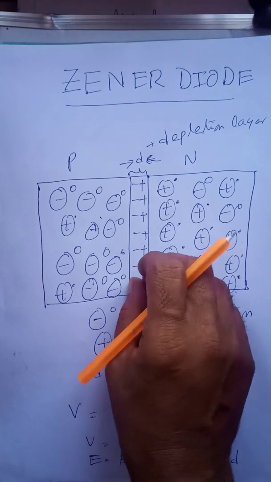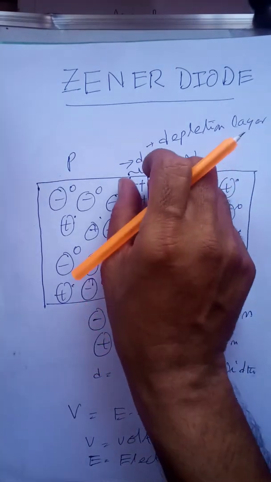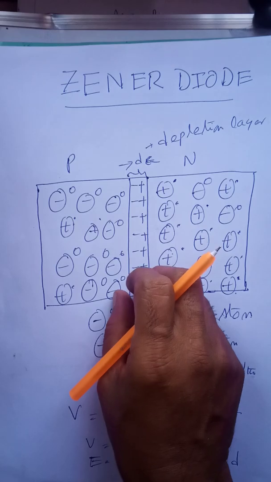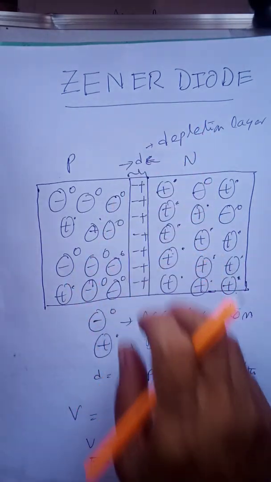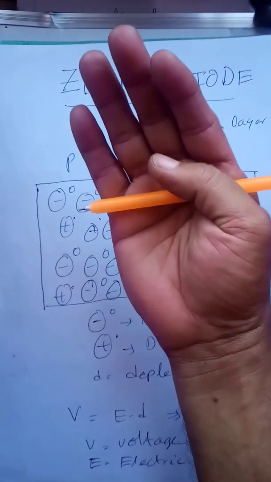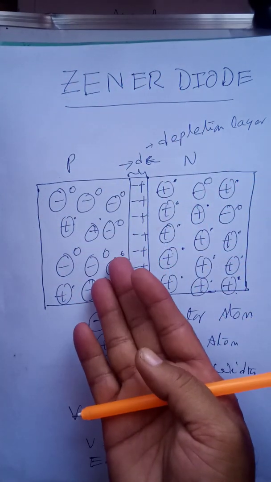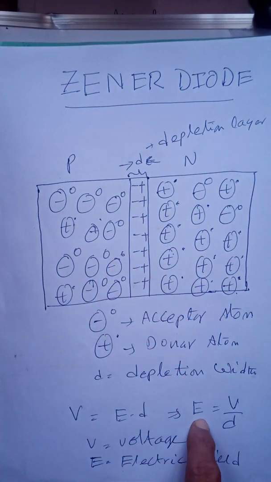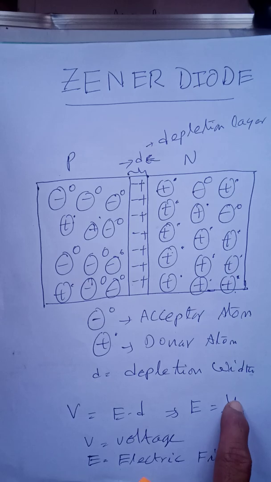So a huge amount of minority carrier charge is accumulated near the junction. Thus it draws a maximum amount of current when the electric field intensity reaches a particular level, which in turn corresponds to the voltage V.